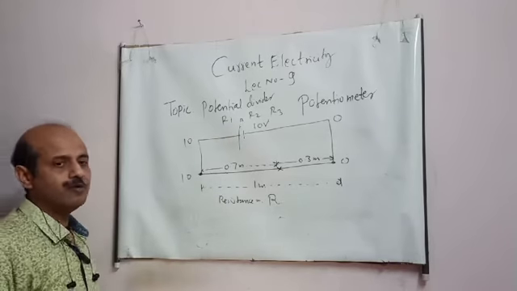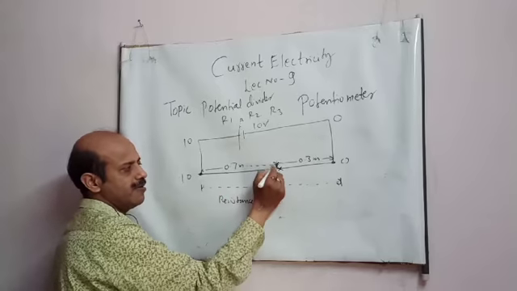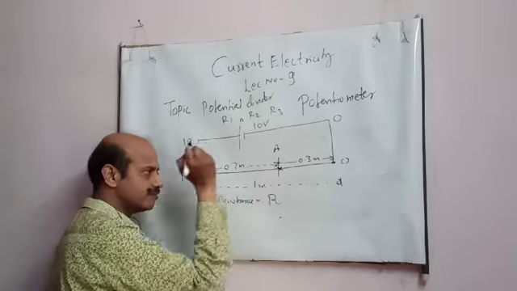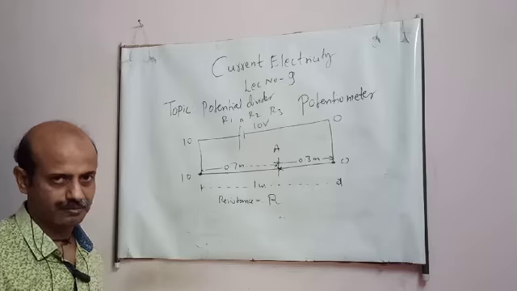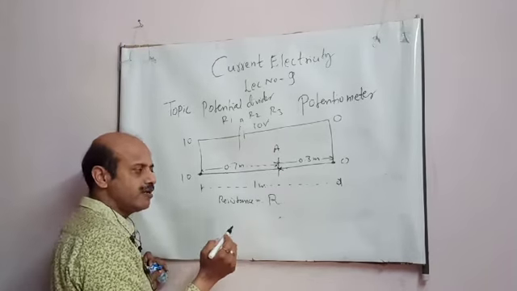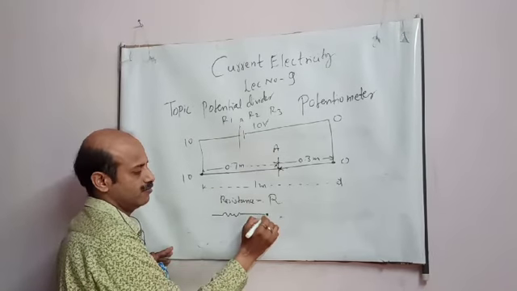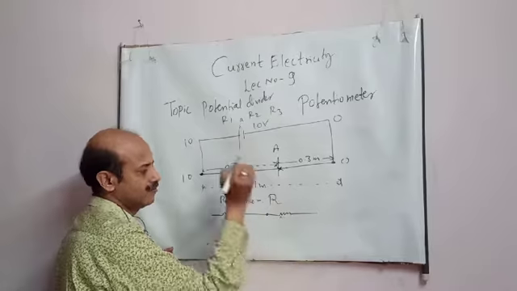Now I want to know the potential exactly at this point, at a distance of 0.7 here, say A. How will I find out? This part and this part can be considered equivalent to 2 resistances.